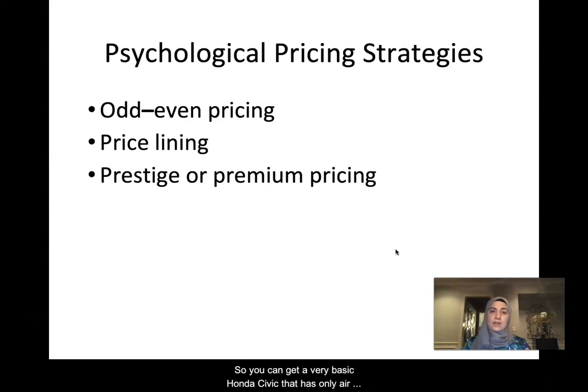So you can get a very basic, let's say Honda Civic that has only air conditioning and maybe a few safety features and power windows, and that costs something. But then if I want to add just a backup camera, it's very hard to do that.